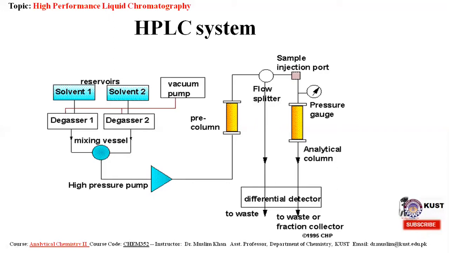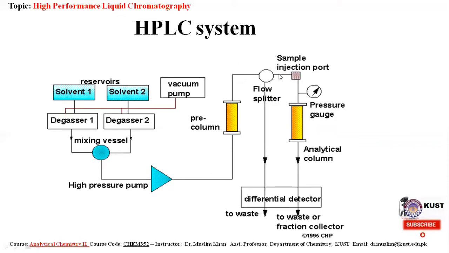After the pre-column comes the sample injection port, where the sample is injected into the flow of the mobile phase, and then this mixture is passed through the analytical column. Here also there is a flow splitter, which can split the flow of the mobile phase as well as the sample.